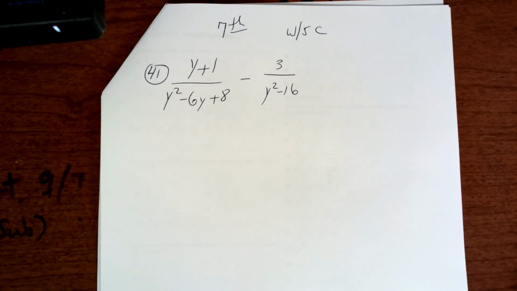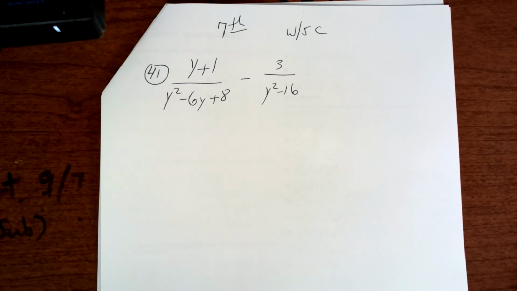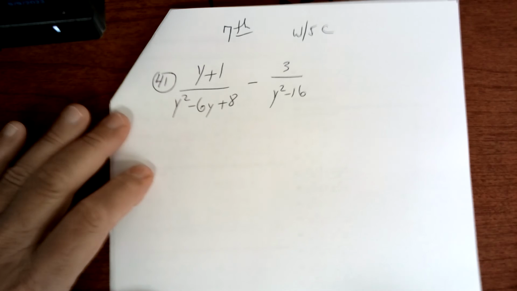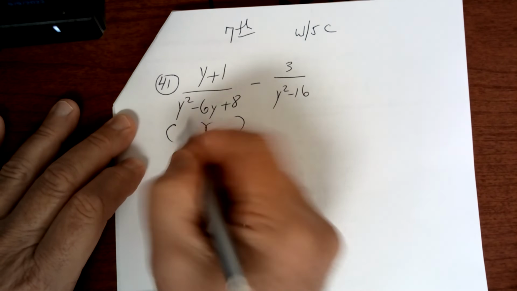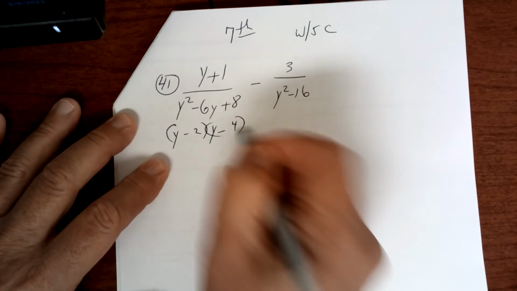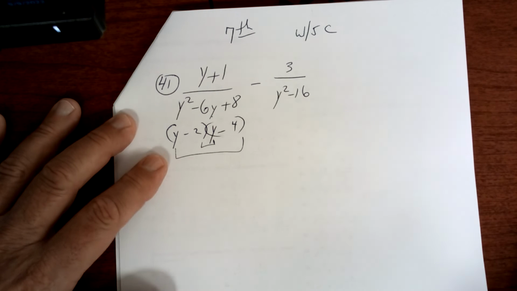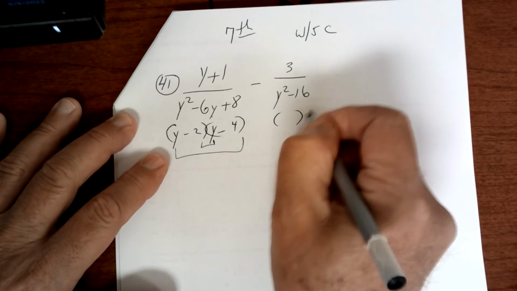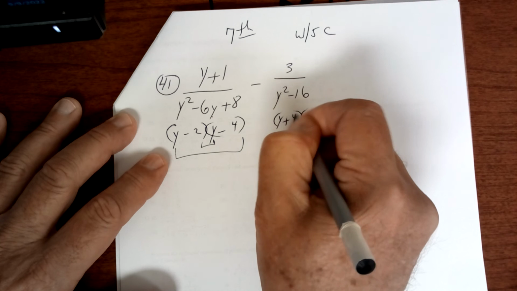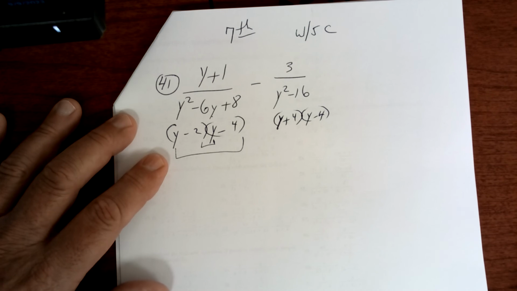On this one right here, you have to factor your denominator. A negative and a positive, according to that chart I gave you, is going to be 2 negatives. 2 times 4 is going to add to give you that 6. This is the difference of 2 squares, so that's y plus 4 and y minus 4. The middle term cancels out, and you have a binomial square.